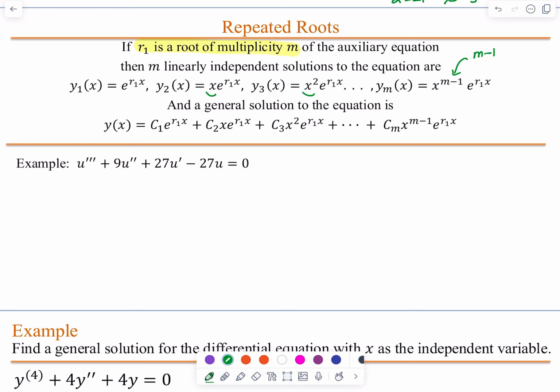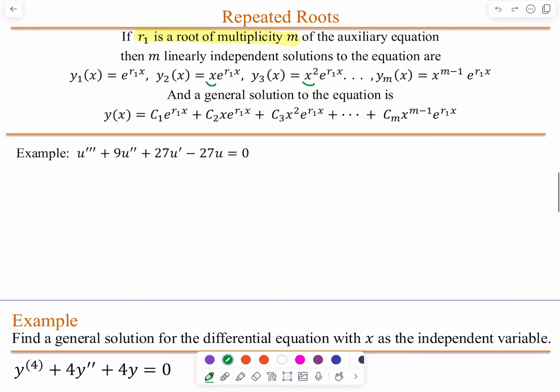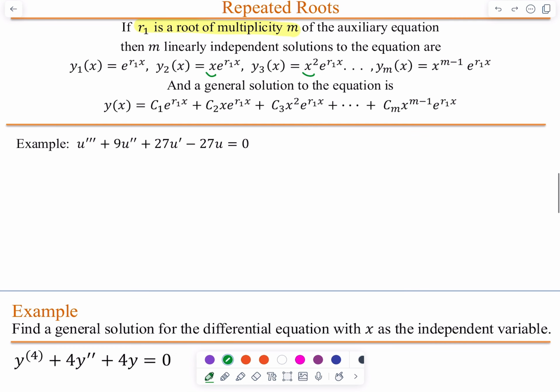Okay, maybe I won't write that. And then of course we have our general solution with our arbitrary constants, which is a linear combination of all of our independent solutions.